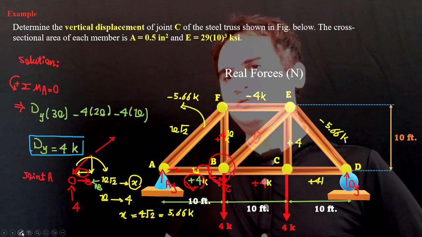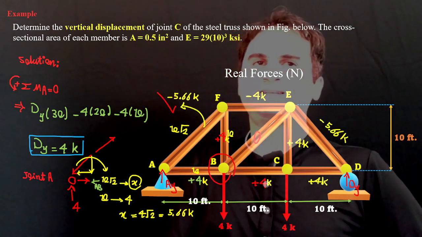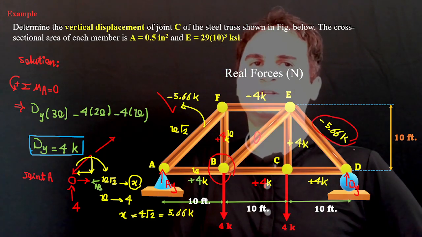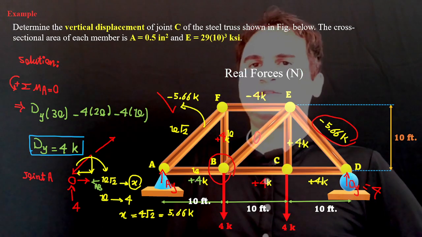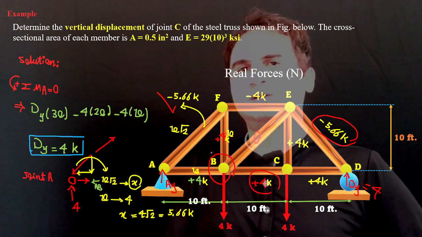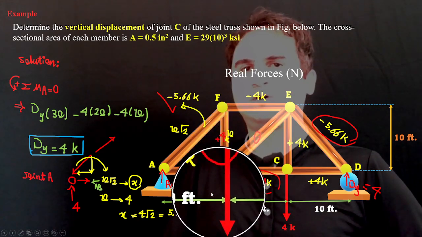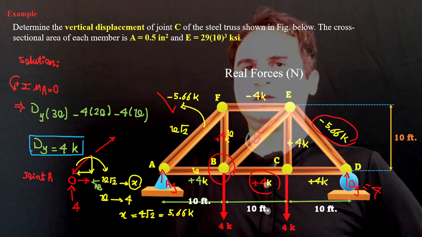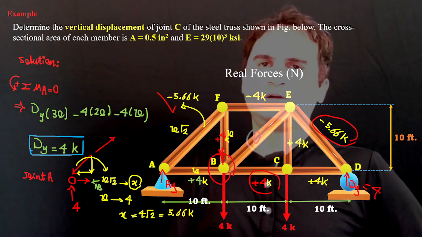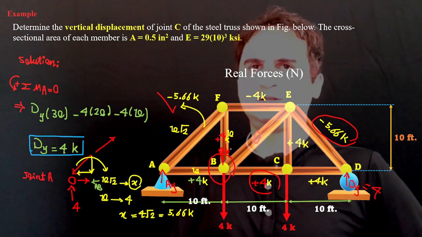Now if this is a negative 5.66, due to symmetry this is also negative 5.66, because dy is also 4. If this is 4, this is 4 as well. Just look at joint B. If there is a 4K applied at joint B, there should be an upward force, which is also pulling downward on the member.